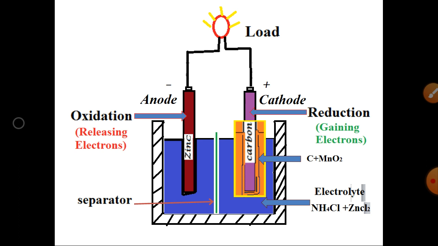It is a non-rechargeable battery, meaning once the capacity of electrons supplied by the zinc reduces, the life of the battery goes down, and finally it is a use-and-throw battery. Since it is non-rechargeable, we can't use it if the capacity goes down. So this is all about the working principle of the dry cell or Leclanché cell battery.